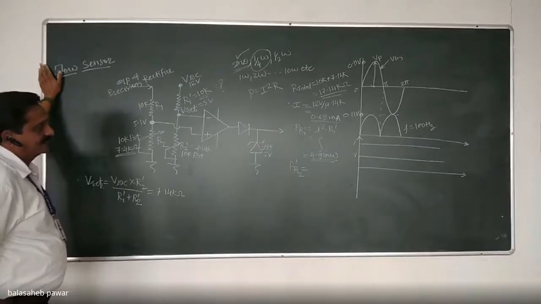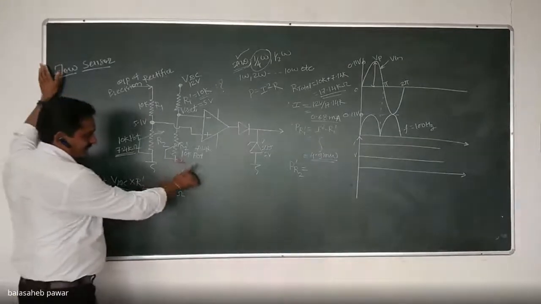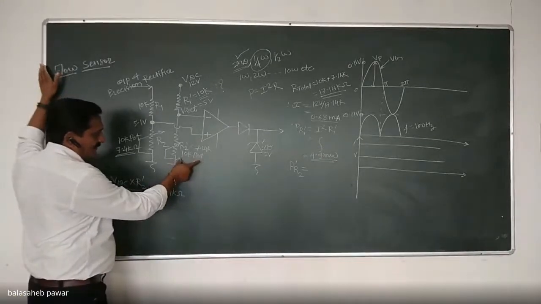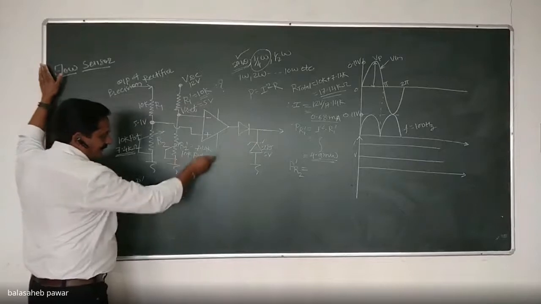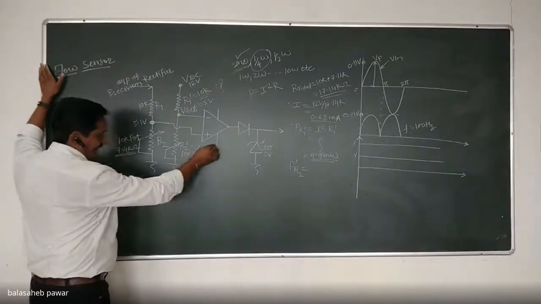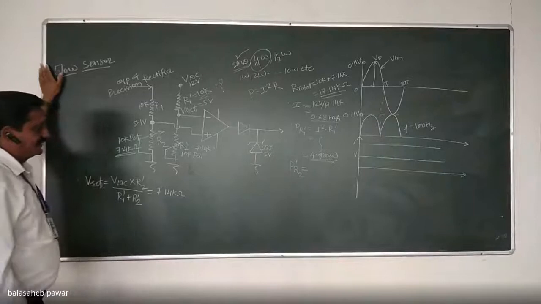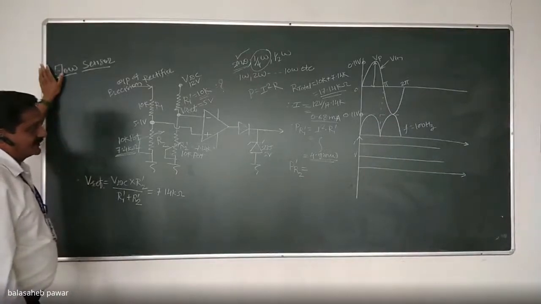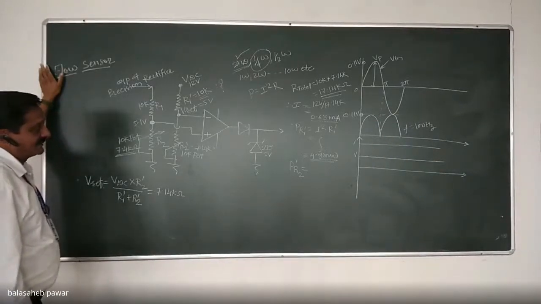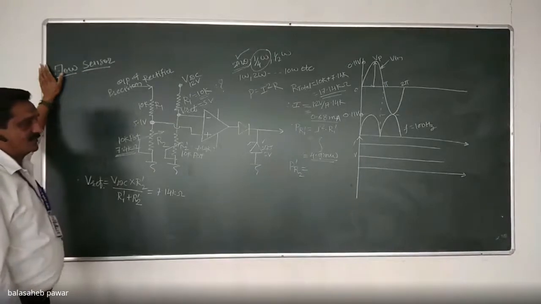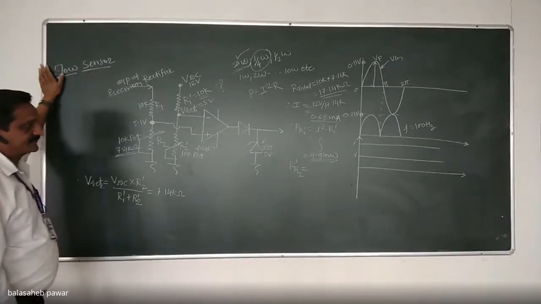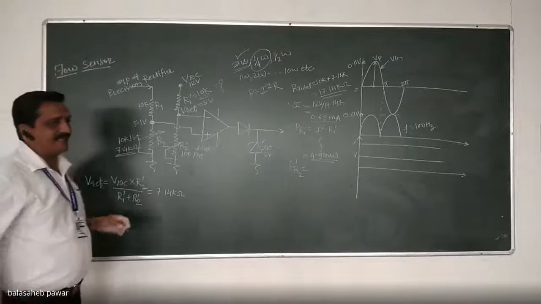Again, I squared, that is 0.68 milli squared into 7.14K. Don't take 10K, because that is the total resistance. Out of that, we want to use only 7.14K. So the actual R available when current is flowing through it will be 7.14 kilo ohms. So it will be less than 4.9 milliwatt.